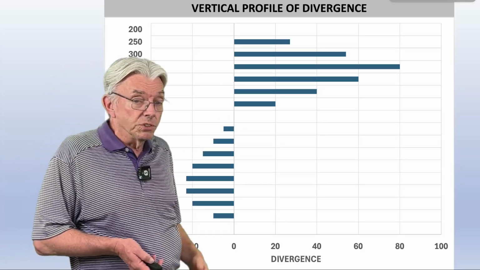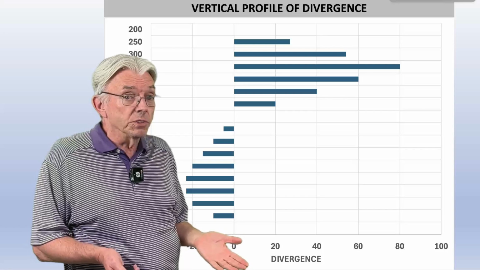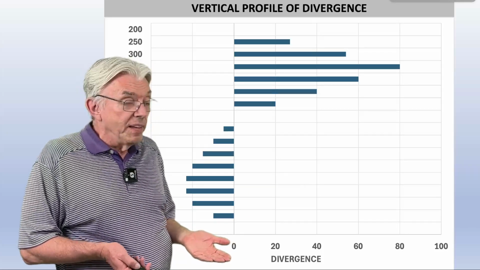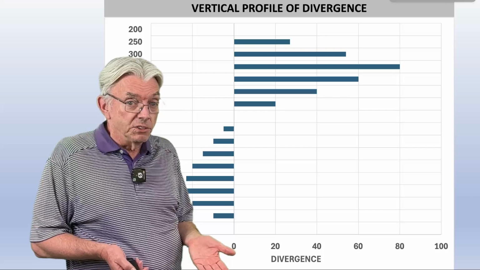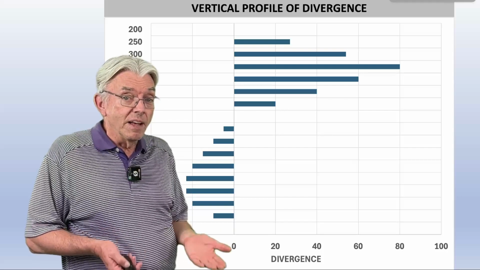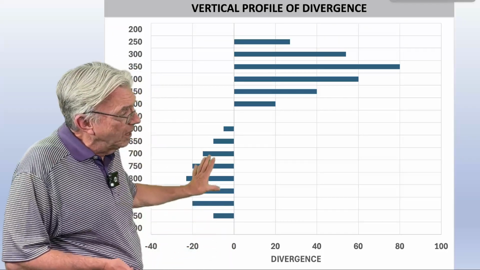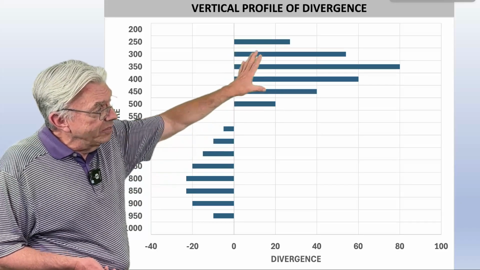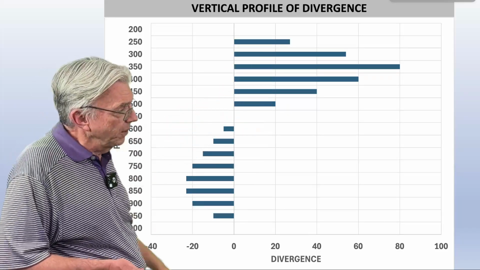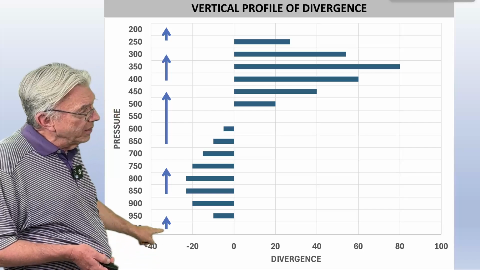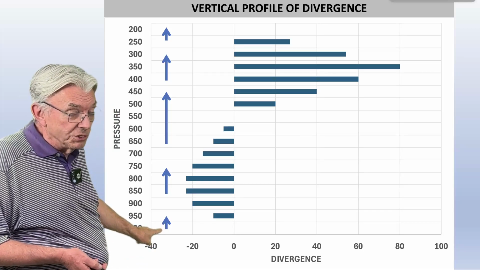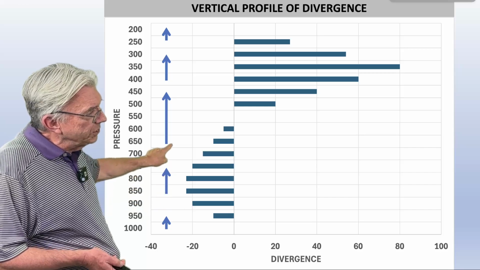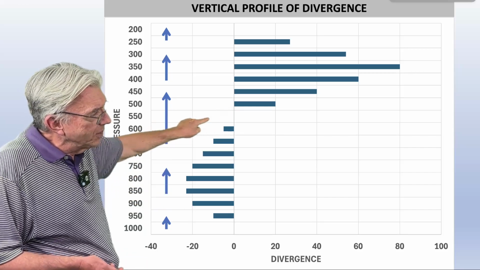And so as a result, you have upward motion, okay? And the maximum vertical motion is going to occur at the level of non-divergence. Remember, convergence causes the vertical motion to increase with height, divergence causes it to decrease with height. So what we end up with is there's basically zero vertical motion right at the ground, but that vertical motion increases until you get up to the level of non-divergence.